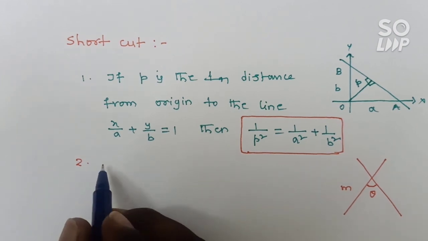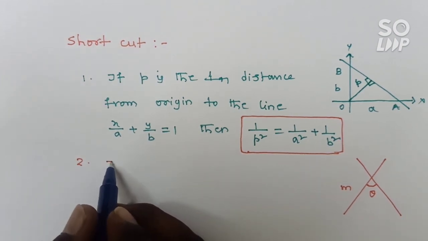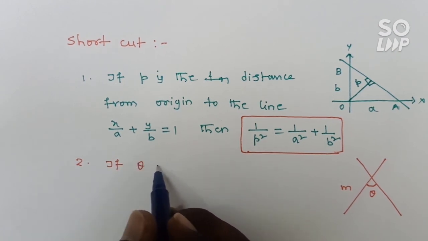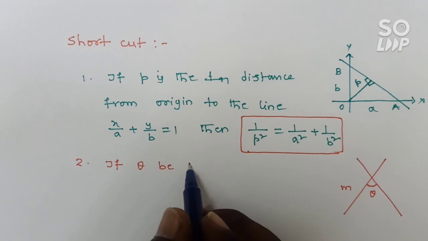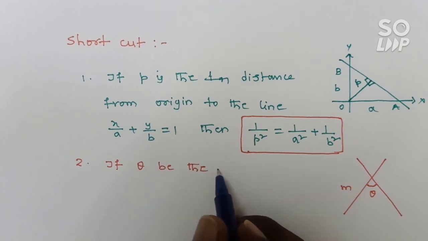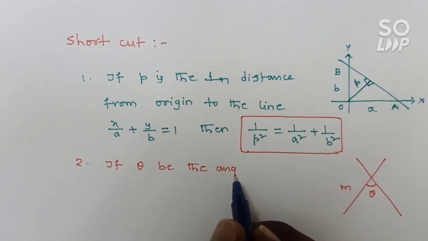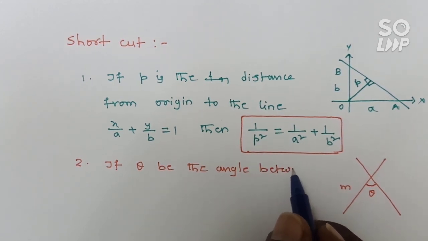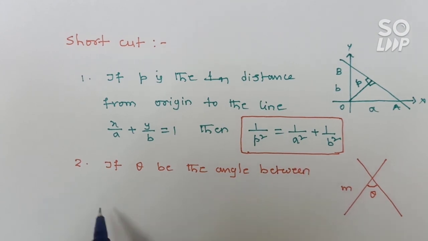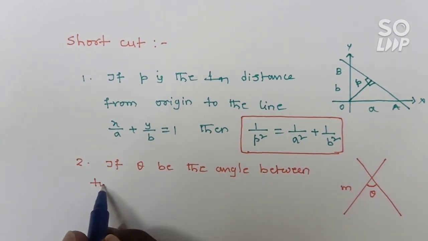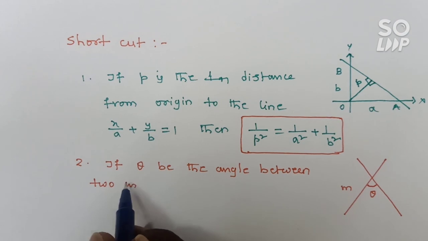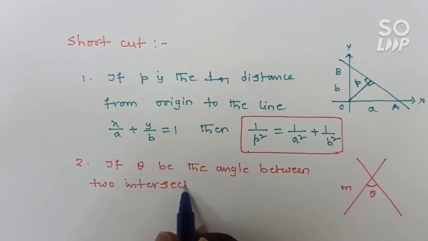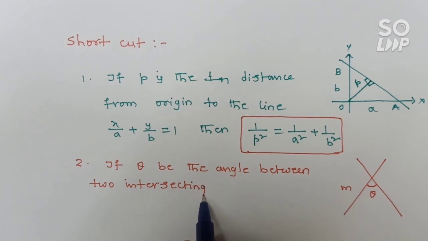So look at this one. If theta is the angle between two intersecting lines, whose slope of one line is m, then the slope of the other line is?